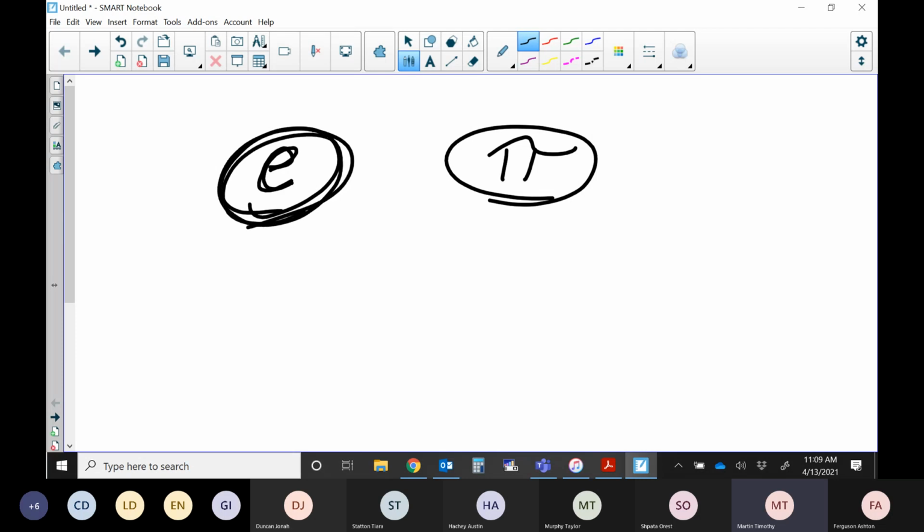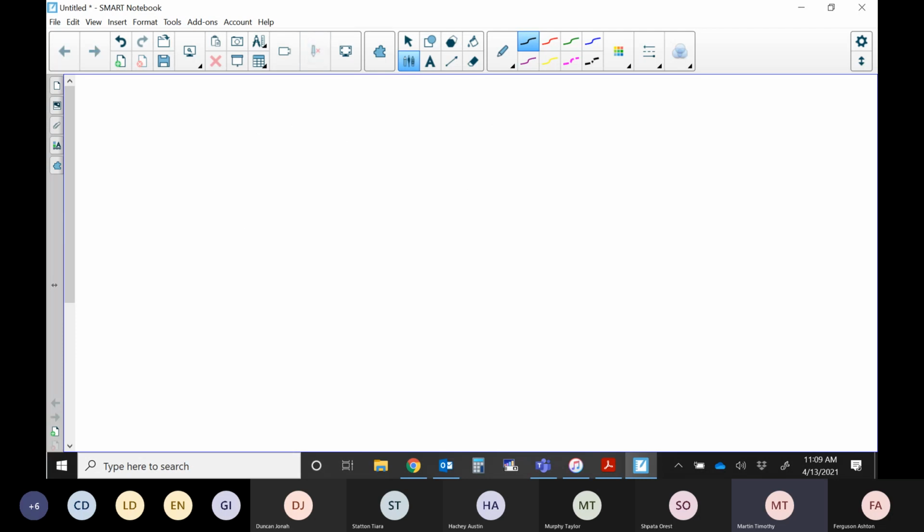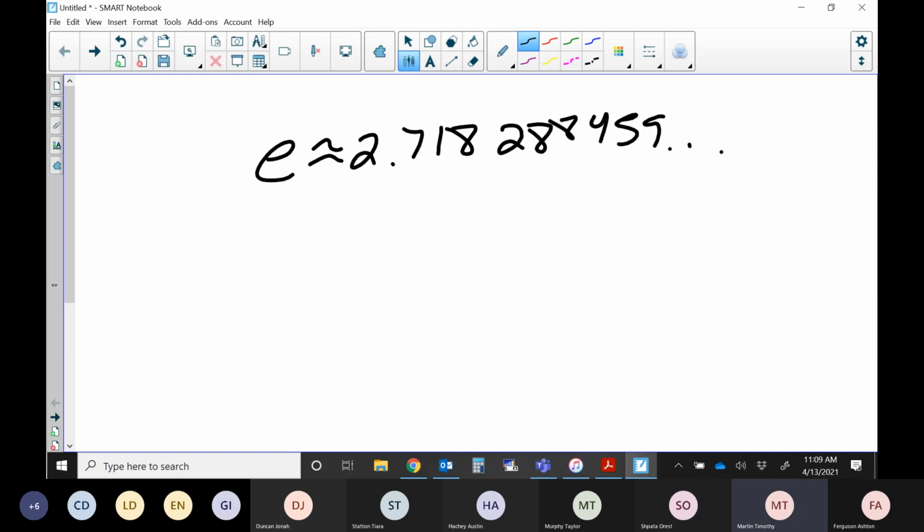So E is a number, and that number is about 2.718288459, and it keeps on going just like pi. It's an irrational number. But there's actually a button on our calculator that we're going to use. Hopefully you have a calculator by you.